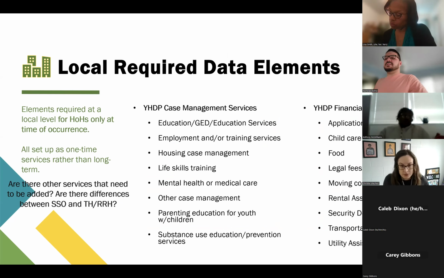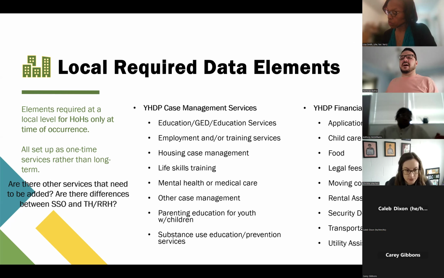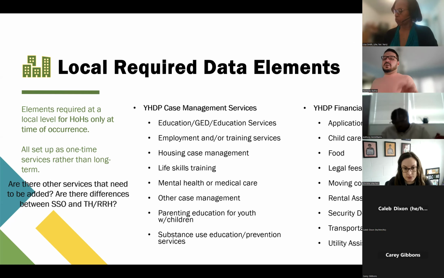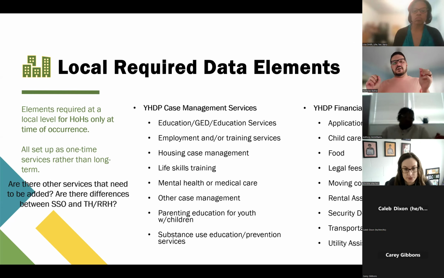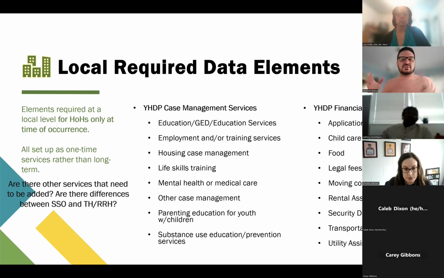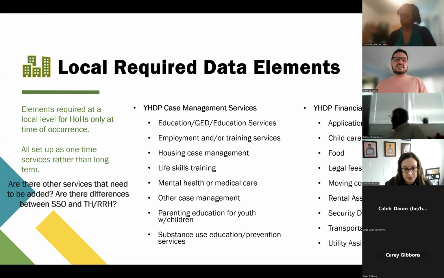So these are going to be elements that are required at the local level for head of households only at every point of occurrence. They're all set up currently as a one-time service rather than a long-term service. So it's just going to be one date you enter, instead of putting a date range. We want to be able to see each instance of it occurring.